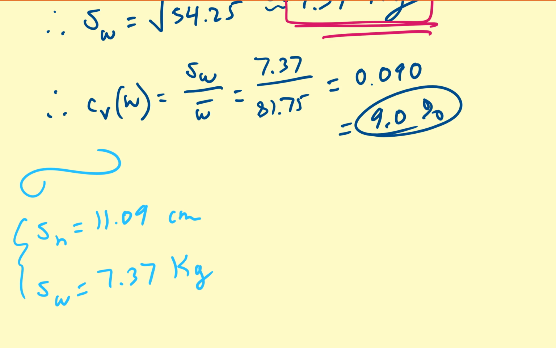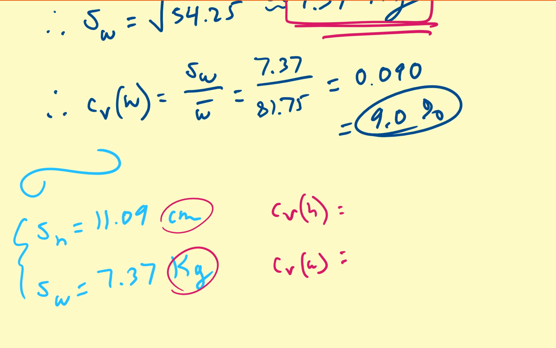Notice here that we cannot directly say that our heights are more spread out than our weights, even though that number is a little bit bigger, but you can convert these units into what we call the coefficient of variation. So the coefficient of variation for our heights and the coefficient of variation for our weights came out to 6.4% and 9.0%.